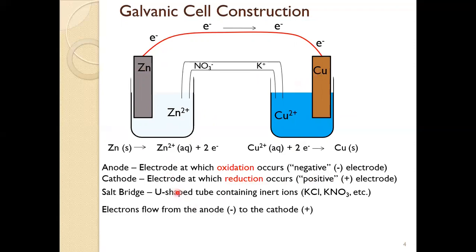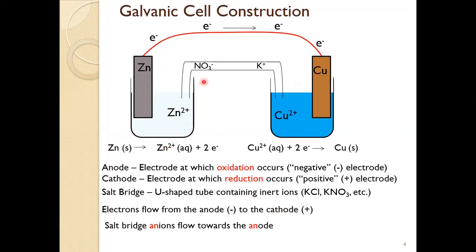In this galvanic cell, electrons will spontaneously flow, and they'll spontaneously flow in a particular direction. They'll always flow from the anode, where oxidation occurs, to the cathode, where reduction occurs. And the reason why the anode and cathode are called anode and cathode is because of what's happened to the salt bridge. As we referred to earlier, at the anode, positive charge will accumulate and nothing's done about it.